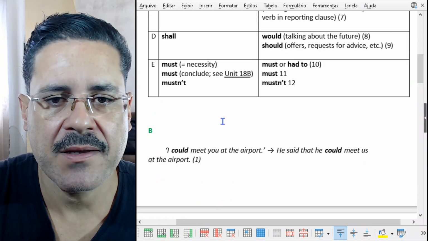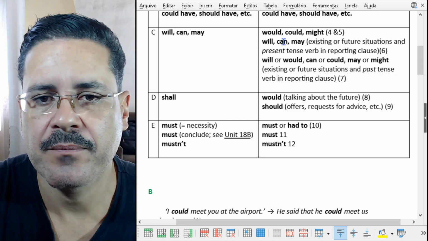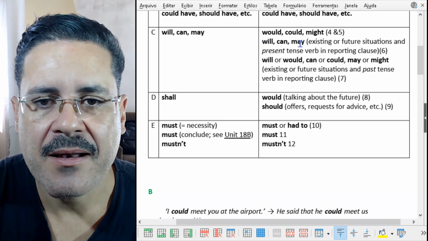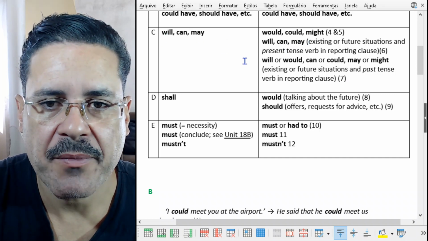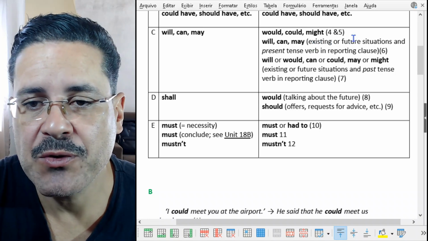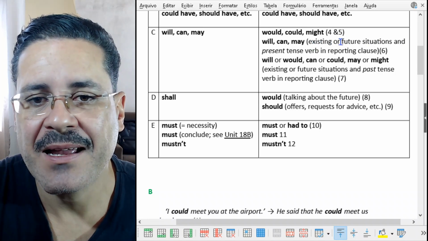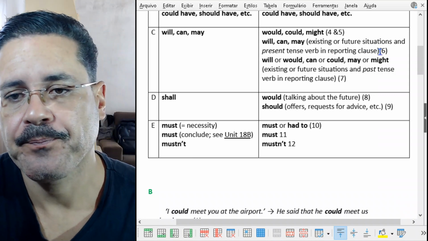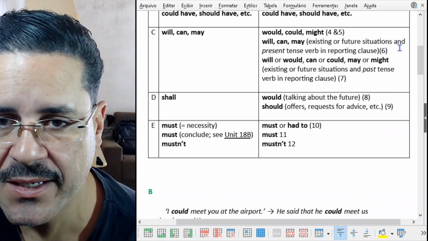Let's see if there's some more examples here. Look, will, can, and may for existing or future situations, and the present tense verb in the reporting clause. Number 6.